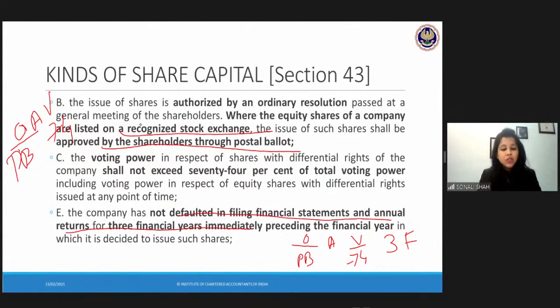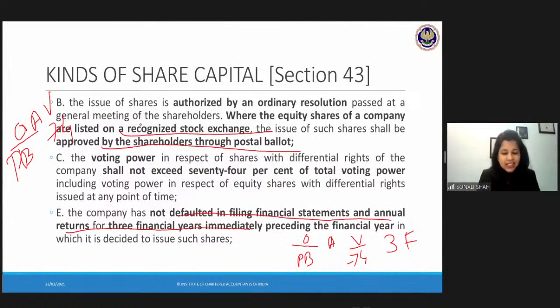But there is an exemption where the equity shares of the company are listed on a recognized stock exchange. In that case, the shareholders will have to approve the issue of equity shares with DVRs by postal ballot. So OAPB. Now, the voting power in respect of the shares that you are allotting with differential voting right cannot be more than 74% of the total voting power.